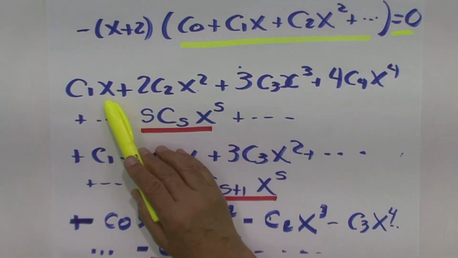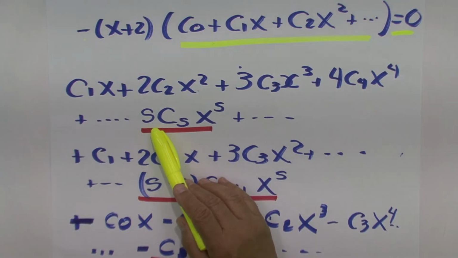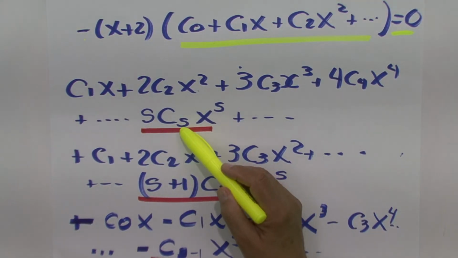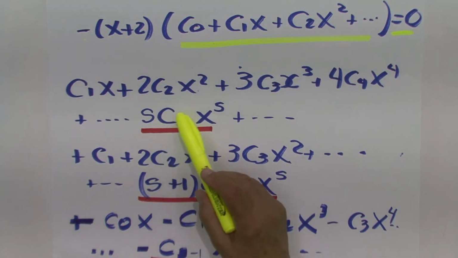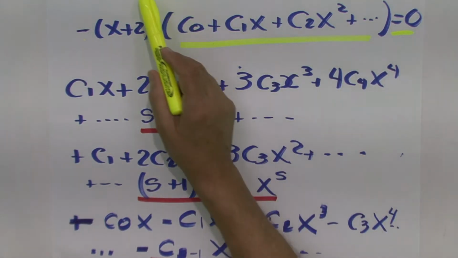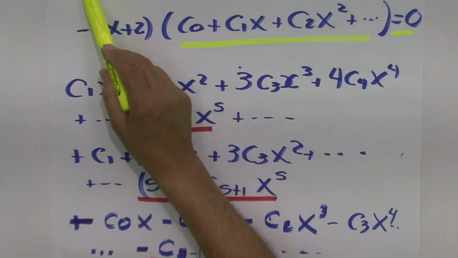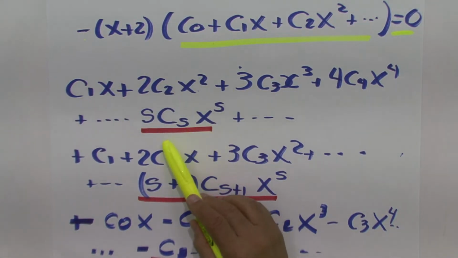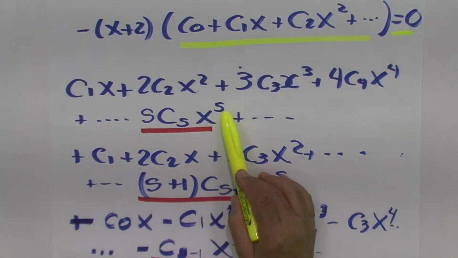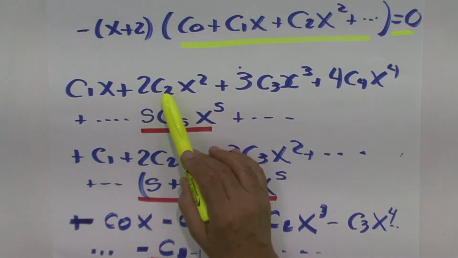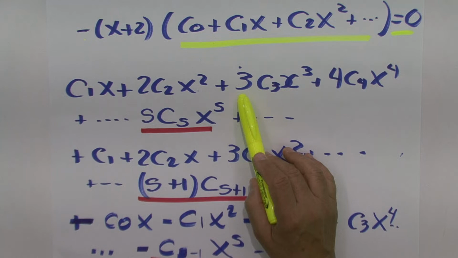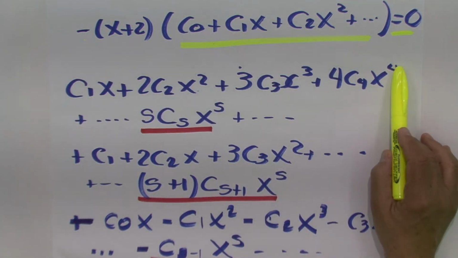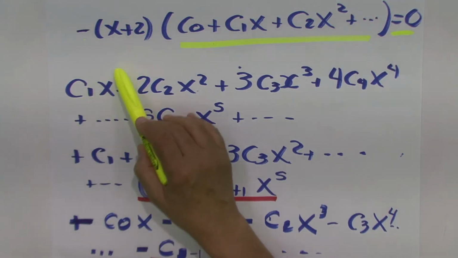You see that this equation here is basically the same index; I change it here just to show you a generic term. This is any term of this first part: x times this will be s times Cs times x to the s. 2 times C2 x squared. 3 times C3 x cubed. 4 times C4 x to the fourth. 1 times C1 x to the 1.